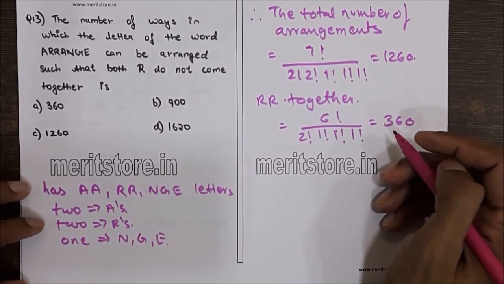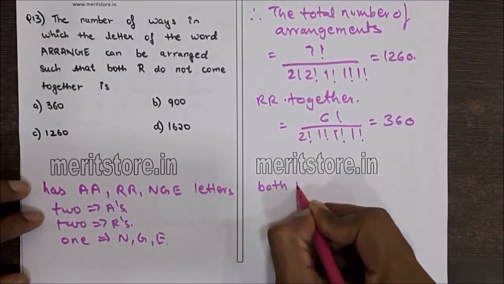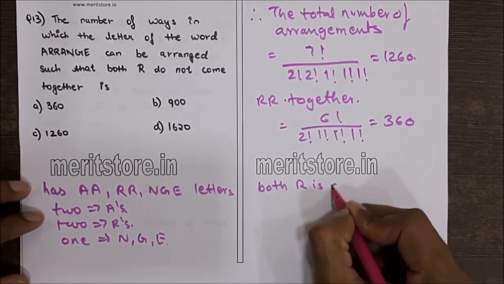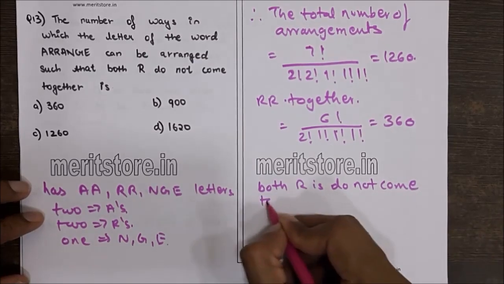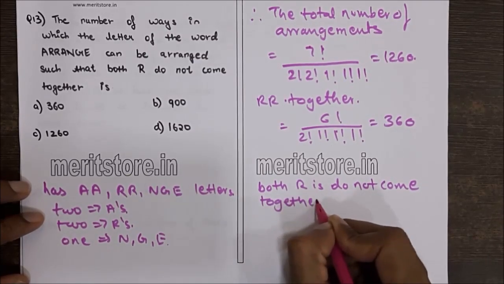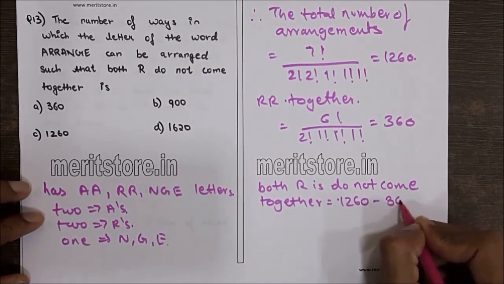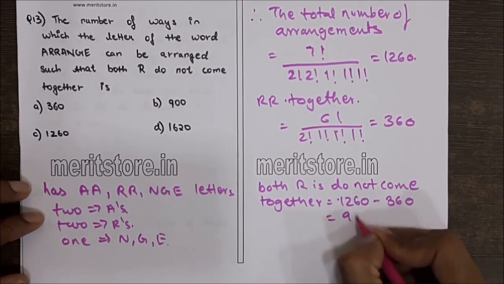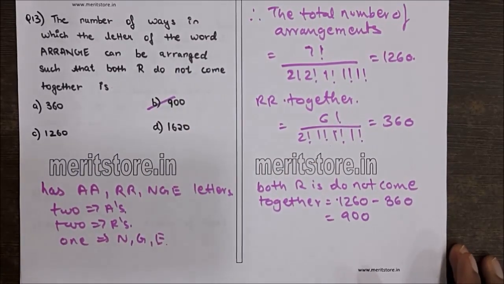So the number of arrangements in which both R's do not come together is 1260 minus 360, which is equal to 900, which is our option B. Therefore, option B is the correct answer.